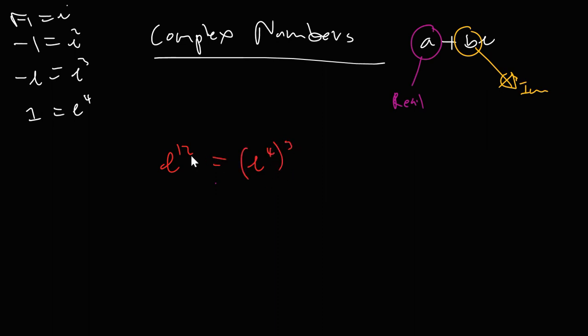It's going to be 12 is equal to 4 times 3, right? With this, I haven't broken any math rules and haven't done anything clever, right? So you know your i to the power 4 to be what? It's equal to 1. And then you have your power 3 there, and then you have your 1.